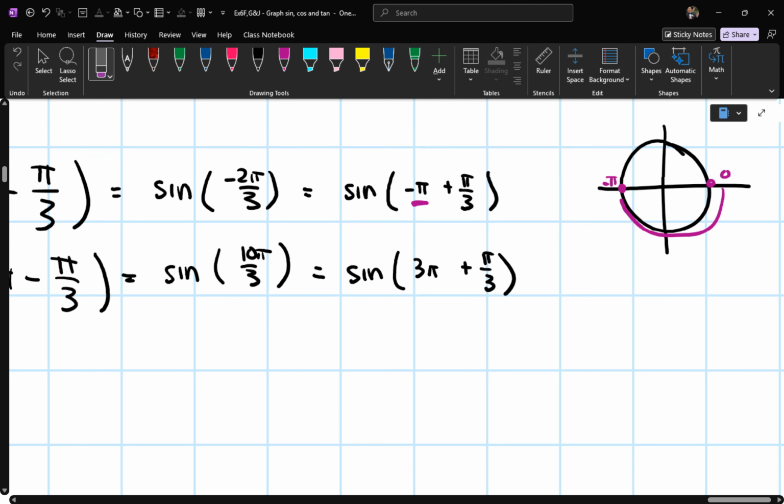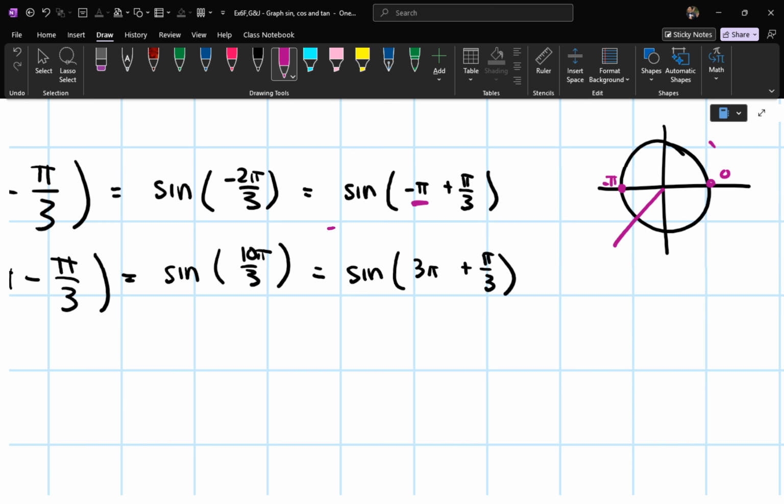And you are now adding pi on 3, and because you're adding, you're going anti-clockwise, so you're back down here. So sine will be negative in that region, so I know the answer has to be negative sine of pi on 3. Sine of pi on 3 gives you this height here, so the answer is negative root 3 on 2 there.